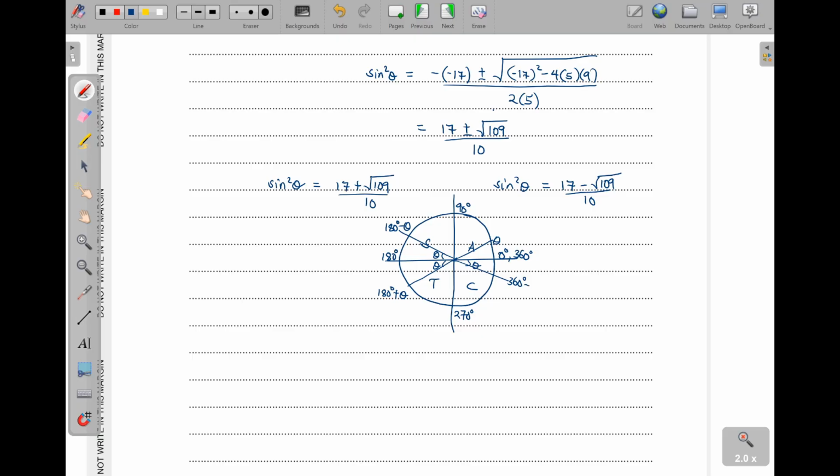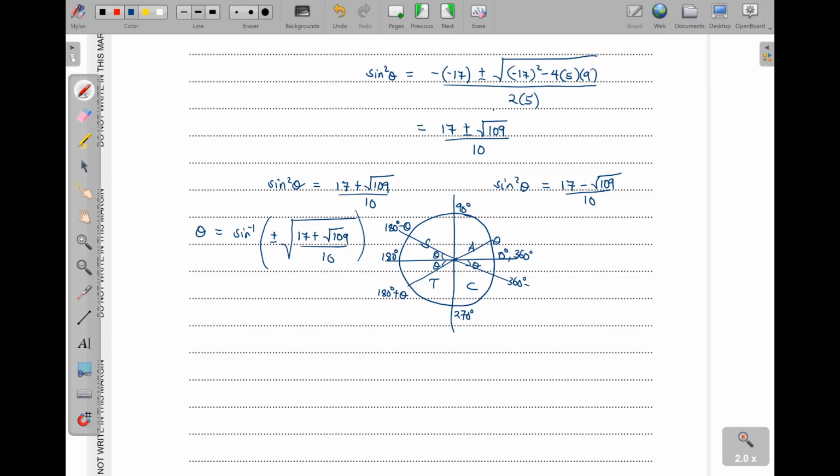So our theta here is going to be equal to the arc sine of, first of all, you take the square root, and when you take the square root, it is plus or minus. Okay, plus or minus the square root of 17 plus root of 109 over 10.